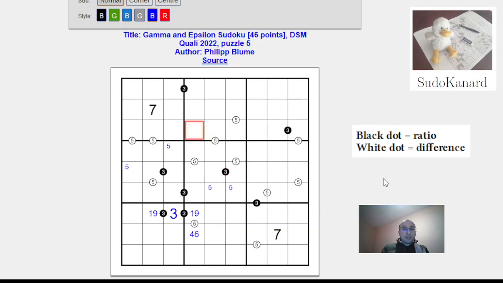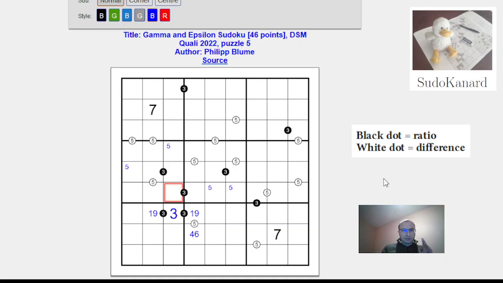I solved it during the contest and I really don't remember how I did it. But something of interest is that this and that, there are here 3 digits that may be in a ratio of 1 to 3.